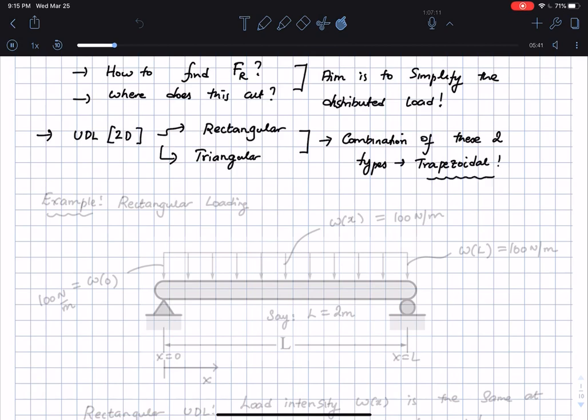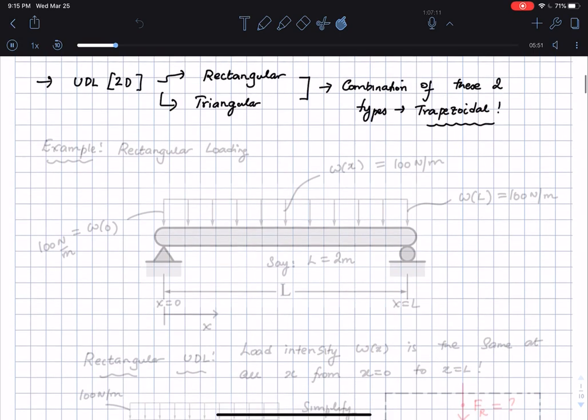For our class, for MA 2010, we will be mostly focusing on the triangular and the rectangular type of loading, and so I'm going to take up a quick conceptual example of a rectangular loading, look at how to simplify this to an equivalent force, then a triangular loading, we'll simplify that to an equivalent force, we'll see where they act, and then we will get onto a problem in frames and machines.